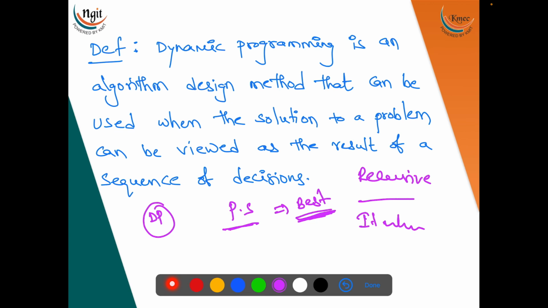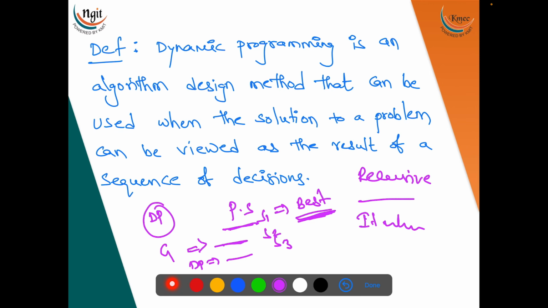So dynamic programming follows the principle of optimality, which says that a problem can be solved by taking a sequence of decisions or feasible solutions to get the optimum solution. Now I can state one difference: in the greedy method the decision is taken one time and we follow that procedure, whereas in dynamic programming, at every stage we take a decision. This is the difference.